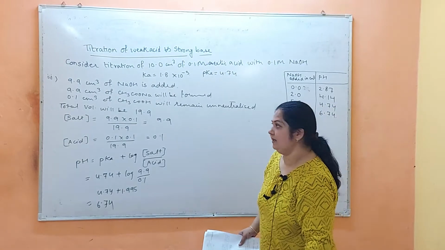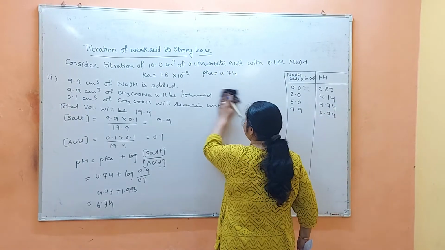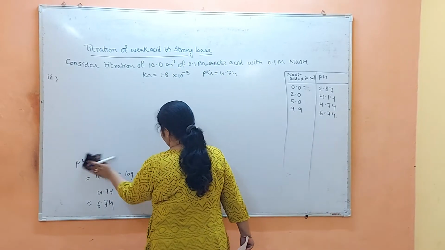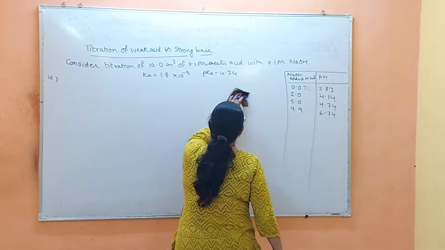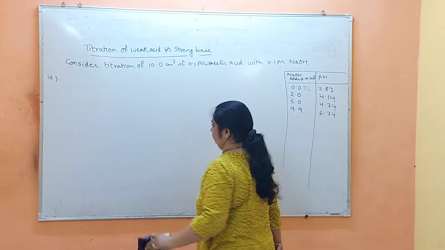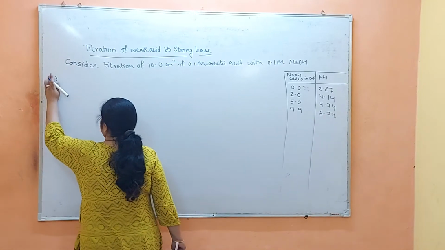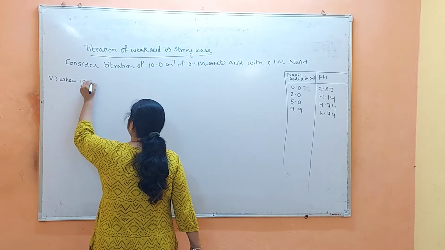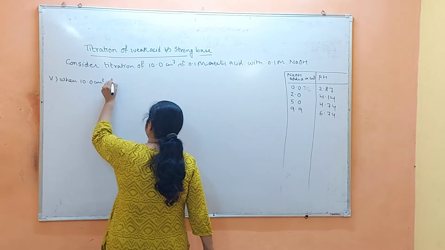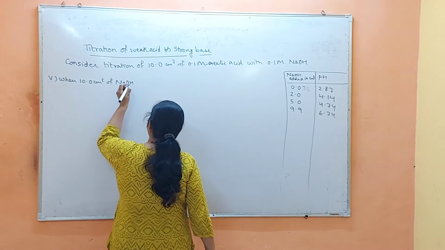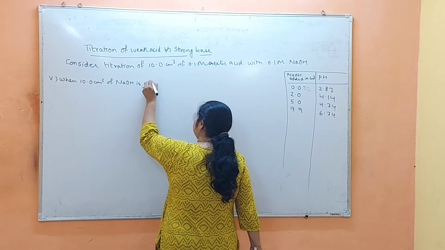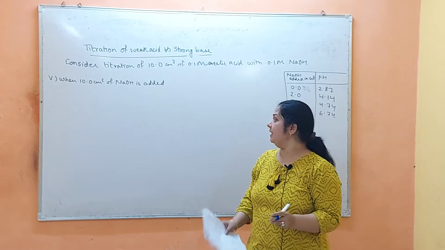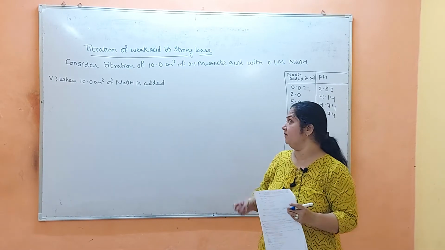Now see, at the equivalence point, that is when 10 cm cube of NaOH is added, the whole acid will be neutralized and only sodium acetate, that is the salt, will be there.